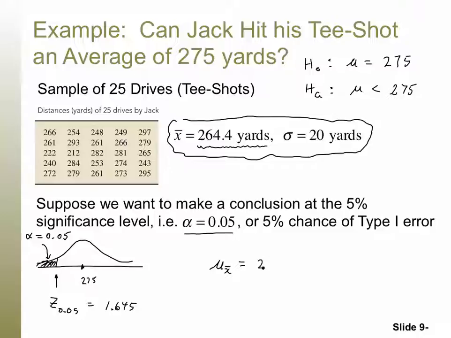Our point estimate for his average is 264.4. To get the sampling standard deviation, it's going to be the 20 divided by, how many did he hit? 25. So it's 20 over 5, or 4.